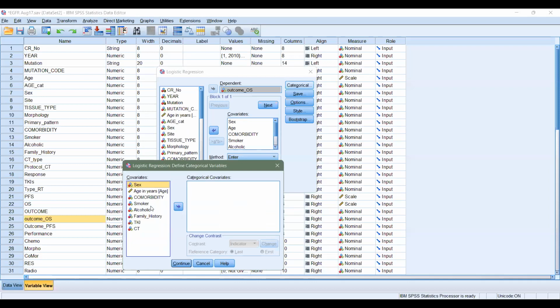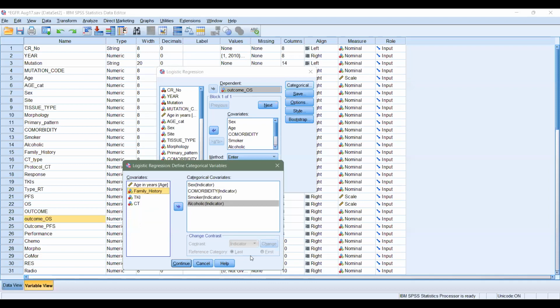So I have gender as a categorical variable, comorbidity, where I have, I guess, hypertension, diabetes, and other factors. You can select all categorical variables in one go, or put them one by one. Now here, by default, the reference category is the last category.